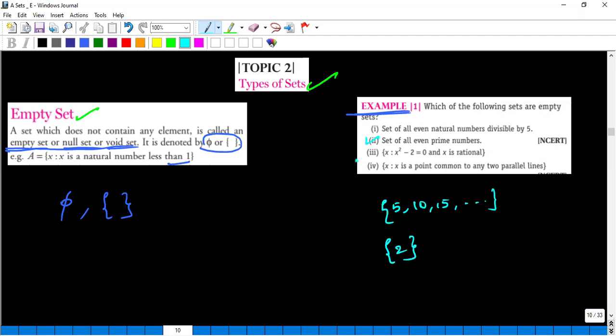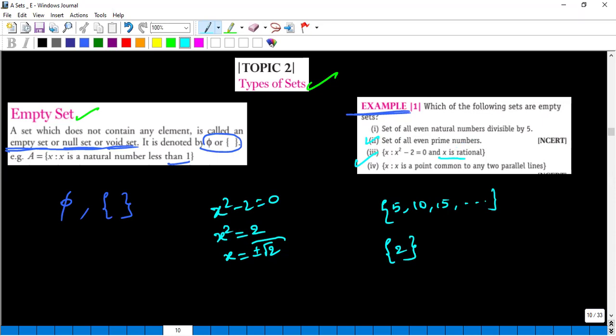Now see this third question, x such that x square minus 2 is equal to 0. Let us solve this. What will you get? x square is equal to 2 and the value of x is plus or minus root 2. Now observe, we know that root 2 is not a rational number. It is an irrational number. What are they asking?